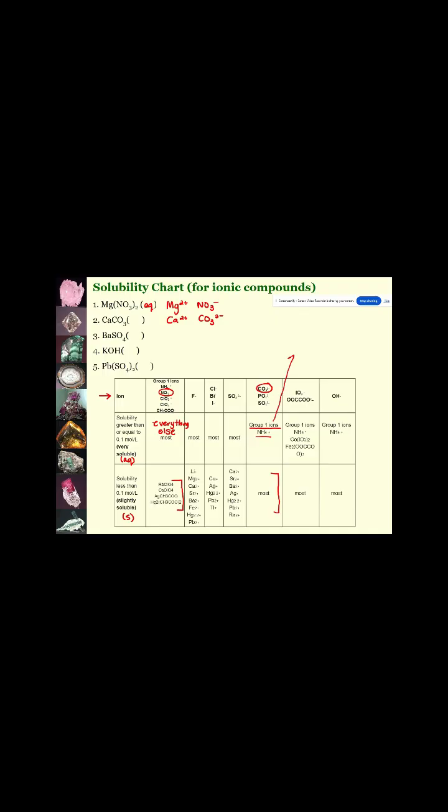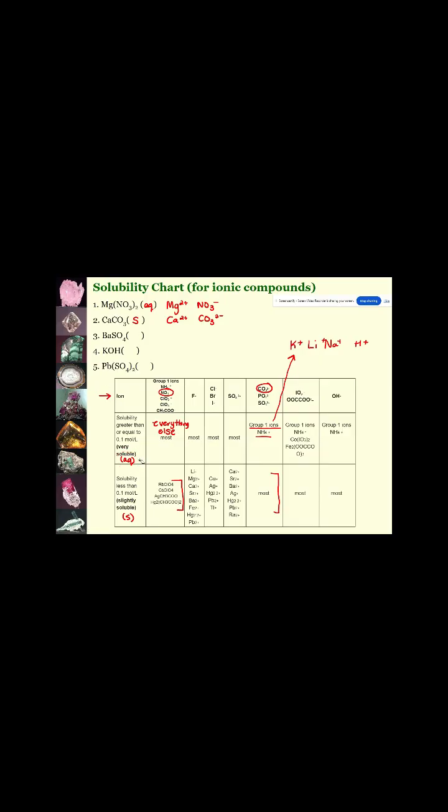Group 1 ions are the first column of your periodic table: potassium, lithium, sodium, hydrogen. All of those ions that are in group 1 on your periodic table, and ammonium, would be aqueous with carbonate. Everything else, including calcium, which is not a group 1 ion, is solid. So that compound is solid.